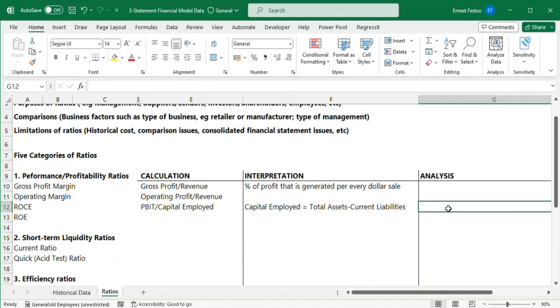And then also revaluation of assets can have an effect on the capital employed.